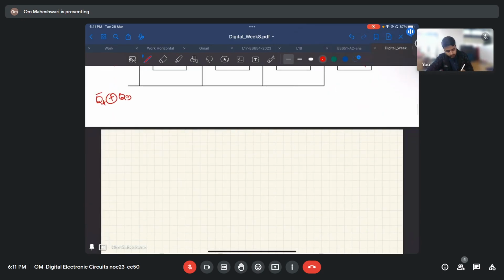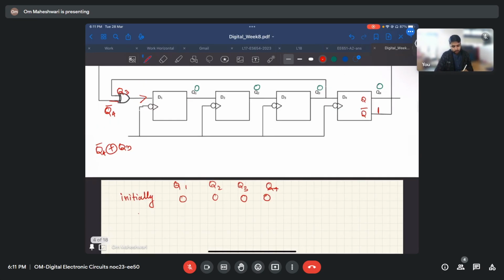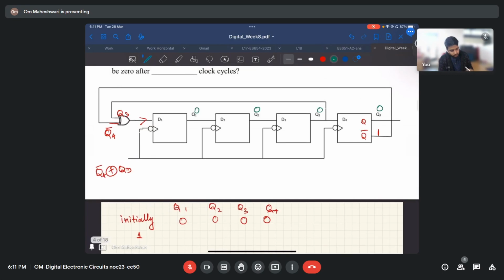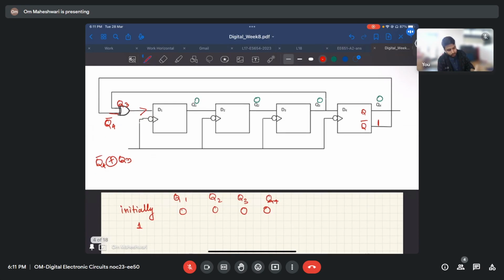Initially Q1, Q2, Q3, Q4 are 0, 0, 0, 0. In the first clock cycle, Q4 bar is 1, so the input here will be 1 XOR 0, which is 1.